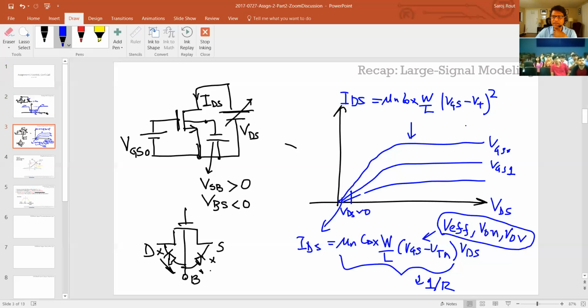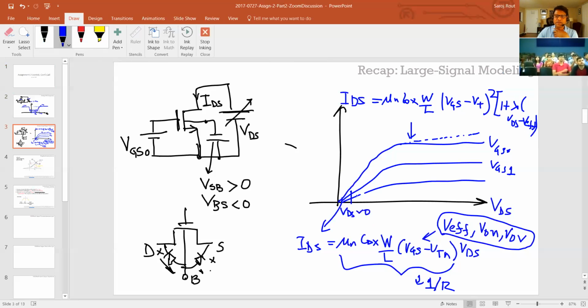That is an approximation, but in reality, because of the channel length modulation, you get an increase, and you get a channel length modulation term, which is 1 plus lambda times VDS minus V effective, right? Sorry, it's not clear, but I think you can refer to the other notes.